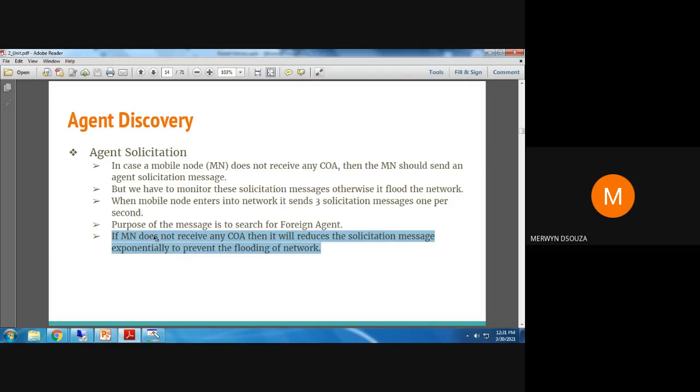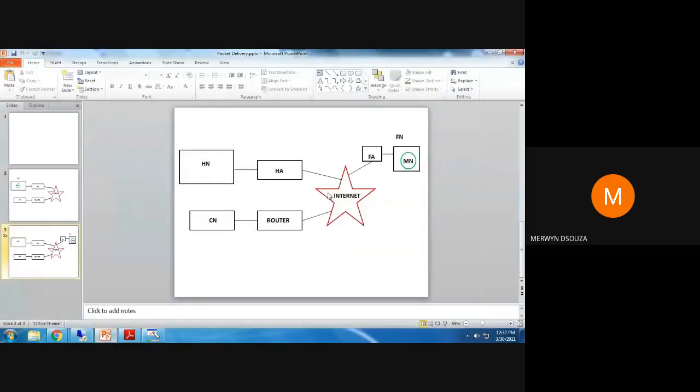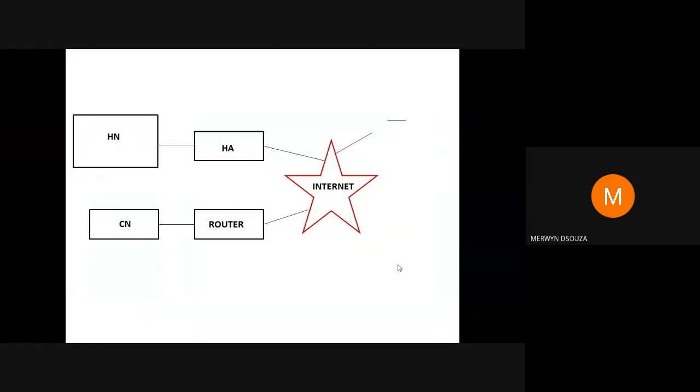It does this only if it is not finding a response. It will exponentially reduce the number of messages sent. I hope you have understood the 2 methods of agent discovery.